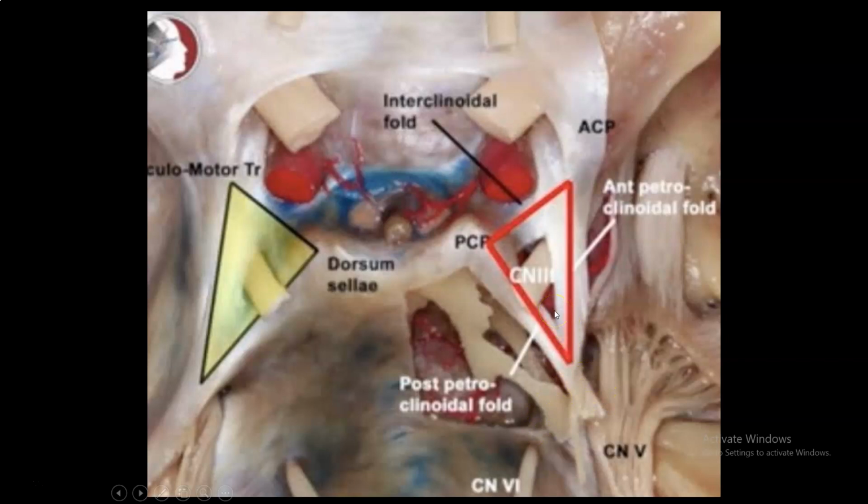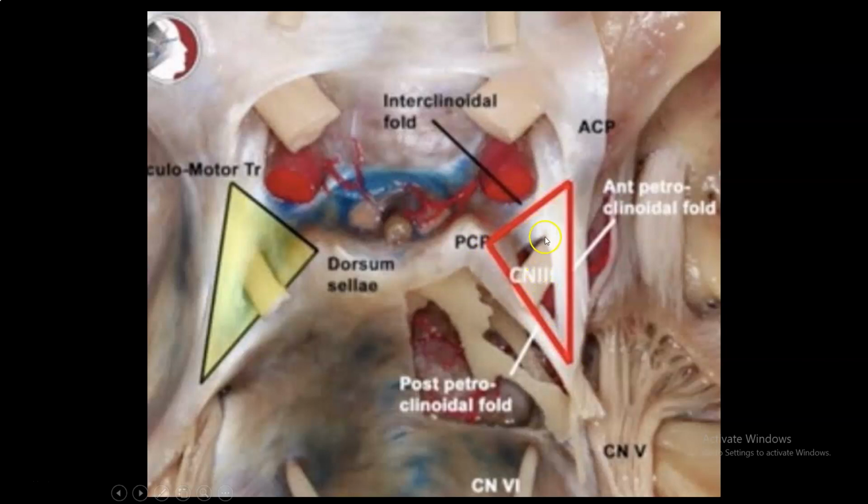The paraclival triangle is also present in the posterior fossa, called the inframedial and infralateral. But here we're talking about the oculomotor triangle. Of course, you all know about it. The anterior petroclinoid ligament, the posterior petroclinoid ligament, and the interclinoidal ligament.